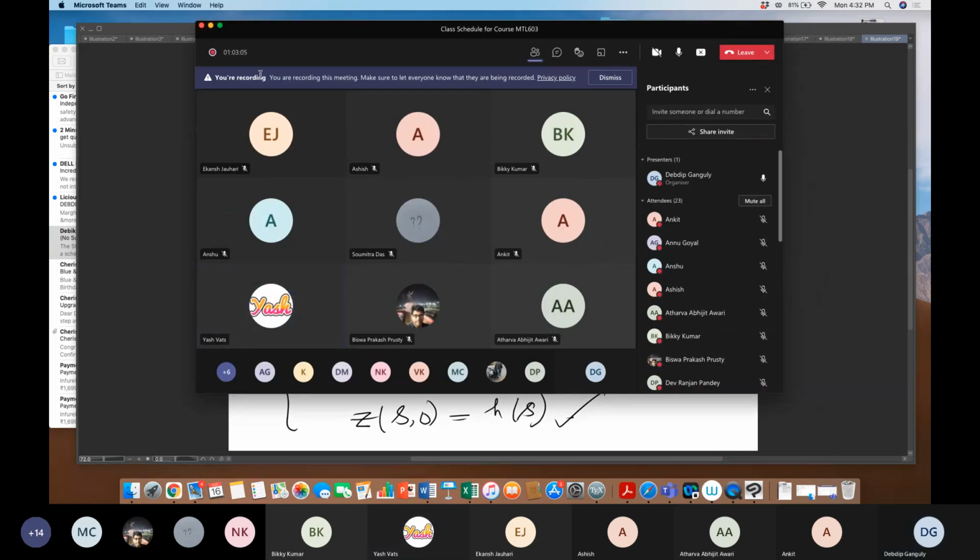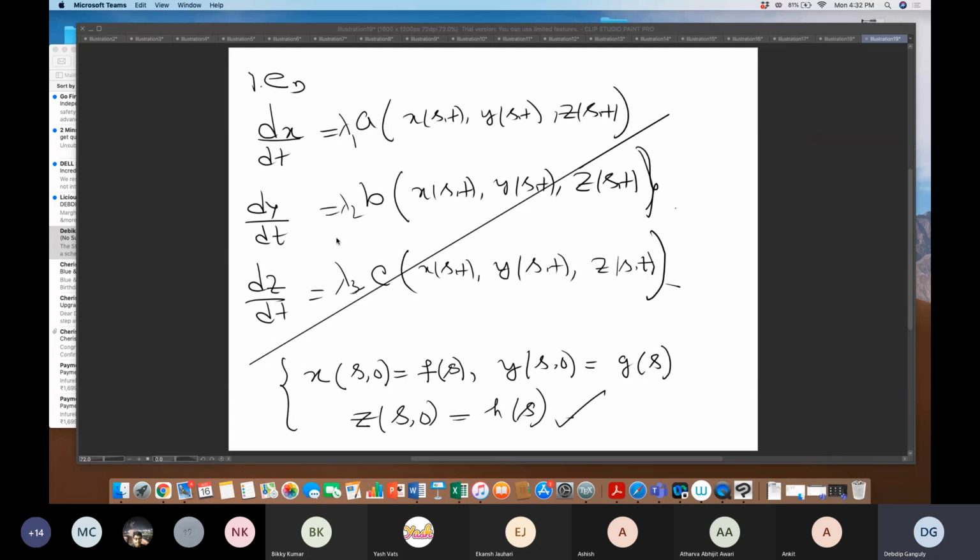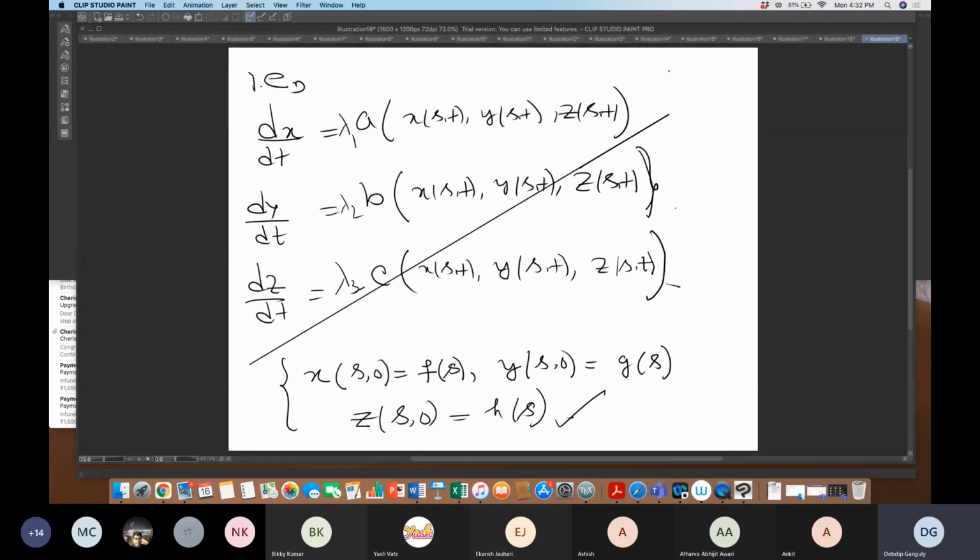Yes, sir. Because all the initial conditions are there, we can impose all these conditions and solve for lambda 1, lambda 2. Anyway, so this is the problem here. Whenever some PDE is given, you can write dx, dy, dt, and we can solve this ODE.